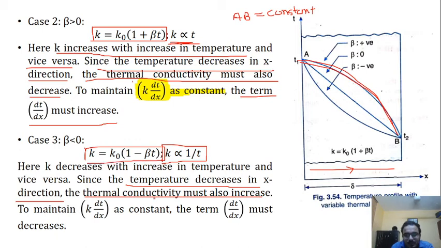That's why K is increasing. So if K is increasing, then dT by dx must decrease to keep this multiplication constant. One term is increasing, so the other term must decrease. That's why we get this curve for negative beta. So this is variable thermal conductivity.